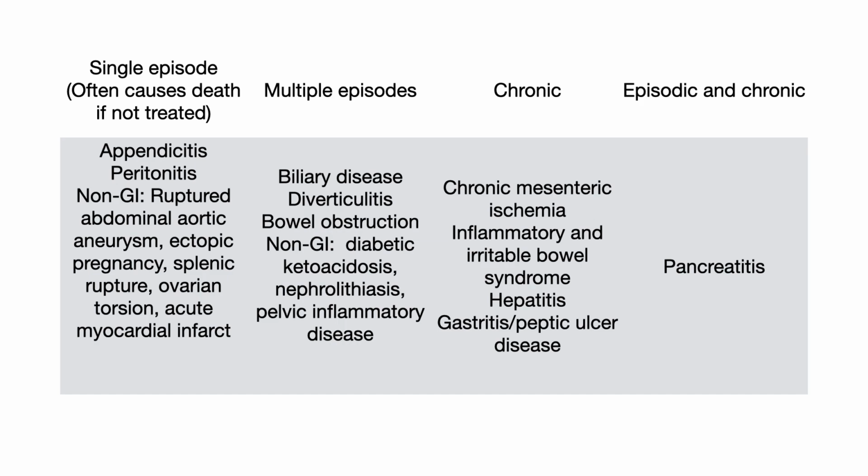Nephrolithiasis, same thing. You pass one stone, you may have to pass others. Pelvic inflammatory disease. Chronic mesenteric ischemia, inflammatory and irritable bowel syndromes, things that just don't go away. Hepatitis, gastritis, peptic ulcer, and then episodic and chronic is pancreatitis. Pancreatitis can be chronic, and you can also have intermittent acute pancreatitis.